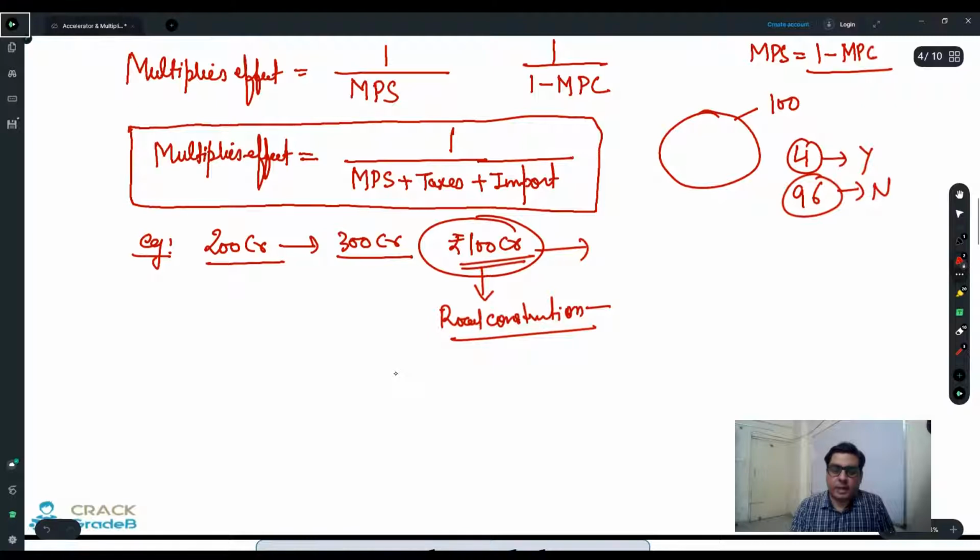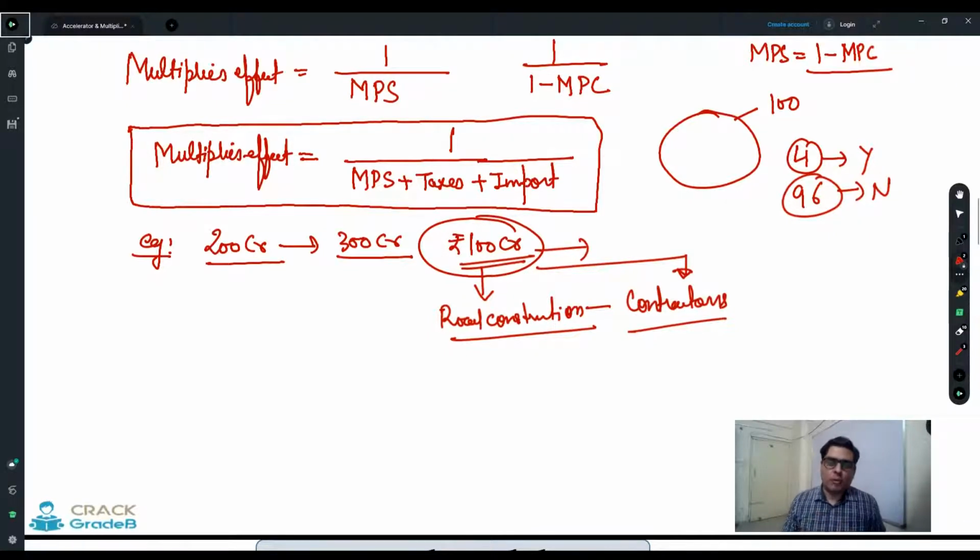So that means when the government is going to spend this extra 100 crore on road construction, this extra spending by the government will first go to whom? Contractors who are taking the contracts of the government for the road building. So this extra 100 crore will go to whom? First, it will go to the contractors.